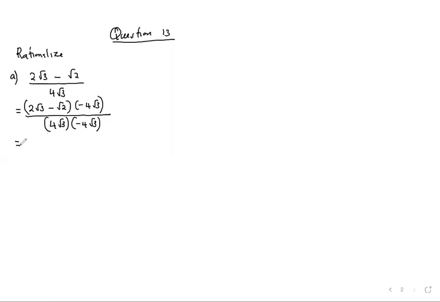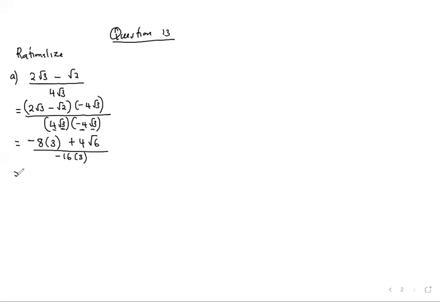So we'll have 2 times negative 4. We get negative 8. Root 3 times root 3, we get positive 3. Negative times negative, we'll have plus 4. Root 2 times root 3, we get root 6, over 4 times negative 4, negative 16. Root 3 times root 3, positive 3.